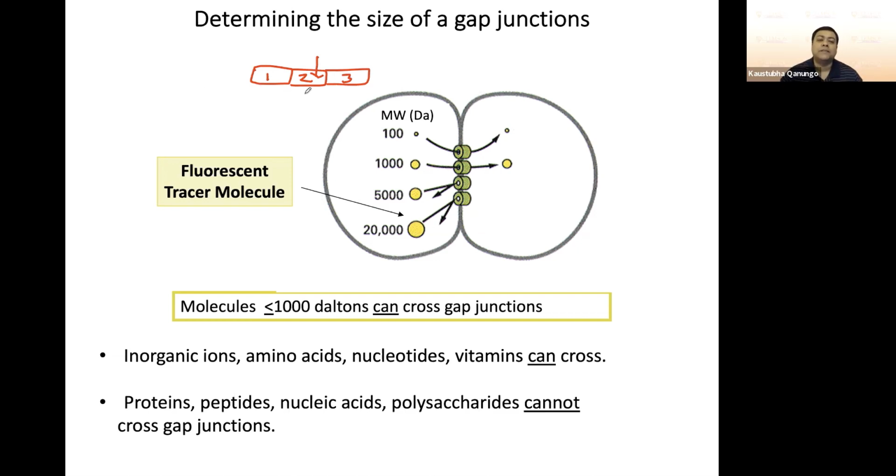There will be no difference, because think about that. Your calcium, sodium, or any of these inorganic ions, they are not fluorescent. I mean, when you're looking at the green fluorescence, you will only see the green fluorescence. A calcium molecule by itself is not going to fluoresce.